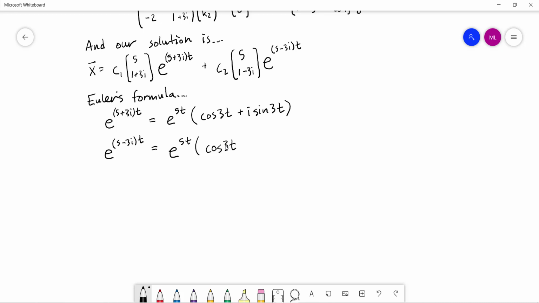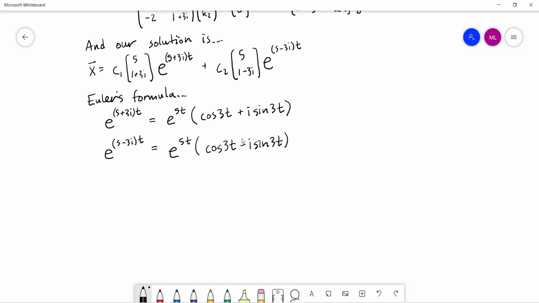And then sine is an odd function, so we'd have plus i sine of negative 3t, but sine of negative 3t is negative the sine of positive 3t. So this sign just flips because it's an odd function. That way I don't have to have negatives inside the arguments of the sine and cosine functions. So we get a plus here because cosine's even, and a negative sign here because sine is odd, compared to the line above it.